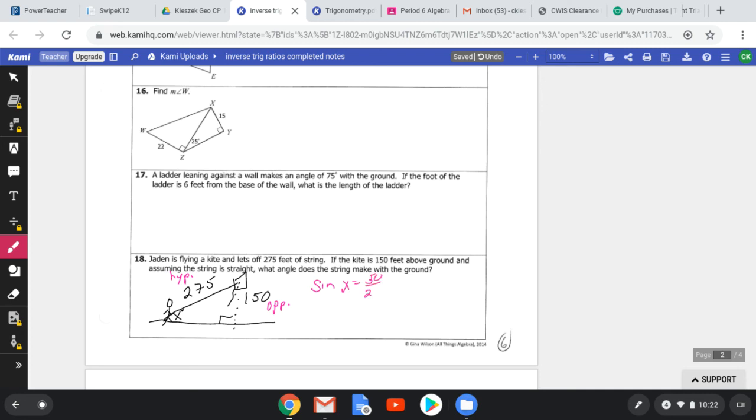Again, I could reduce the fraction, but no reason to. So x equals inverse sine of 150 over 275. I go to my trusty calculator, and I'm going to press second sine, 150 divided by 275. And I get that this is roughly around, assuming it's the nearest tenth, 33.1 degrees.